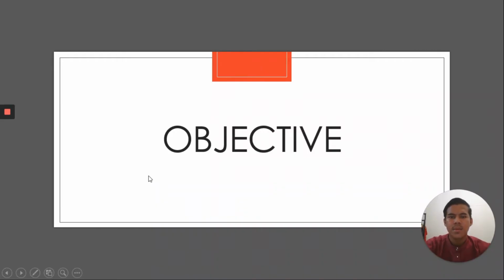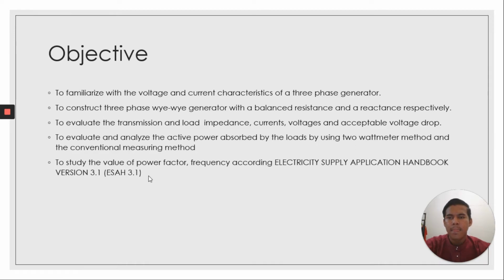Next is the objective. The objective of this project is to familiarize with the voltage and current characteristics of a three-phase generator. The objective also is to construct the three-phase Y to Y generator with balanced resistance and reactance respectively.